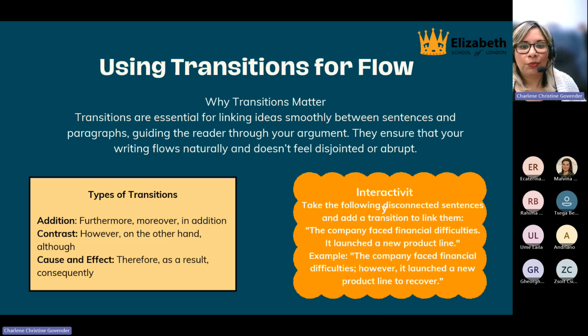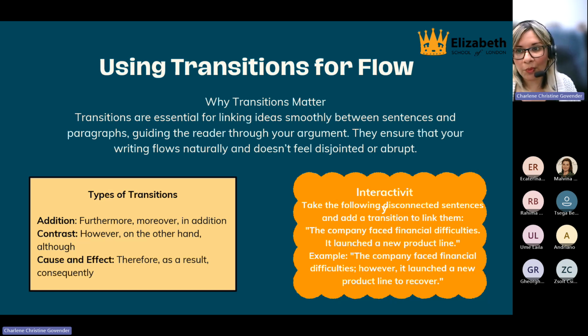Okay, so we were focusing on the types of sentences we have: simple, compound, complex. We focused on how to get a paragraph together. And now we are going to look at transitions for flow.